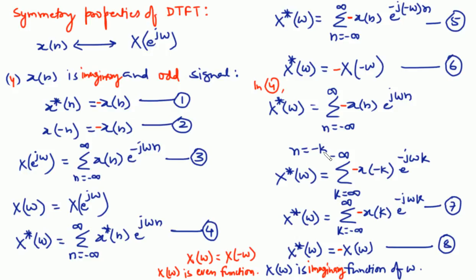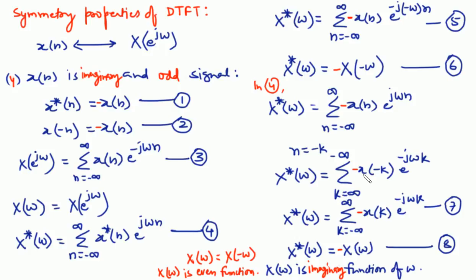Now n is replaced by minus k. If n is replaced by minus k, then the right hand side becomes summation of minus of x of minus k. And if x[n] is an odd signal, then x of minus k is minus of x[k].